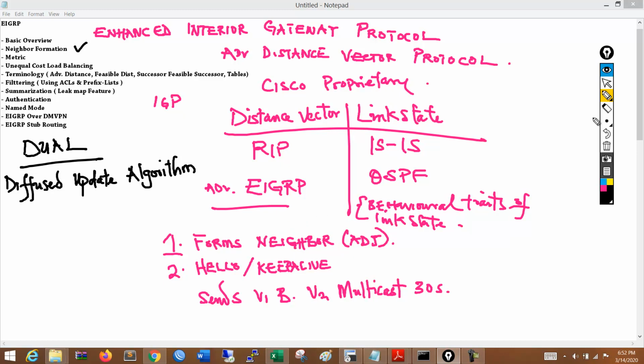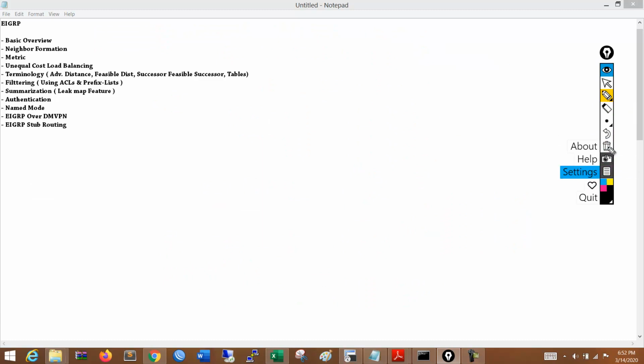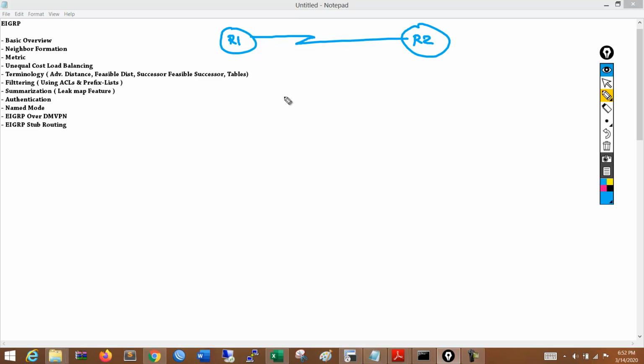So how does EIGRP form neighborship? Let's assume we have router 1 here directly connected to this router 2. To form a neighborship, once you have configured EIGRP, the command to configure EIGRP for Cisco is router eigrp, then an AS number, an autonomous system number.